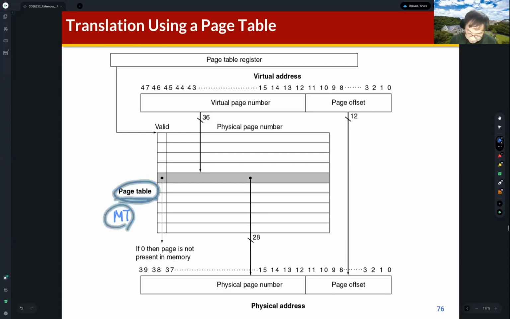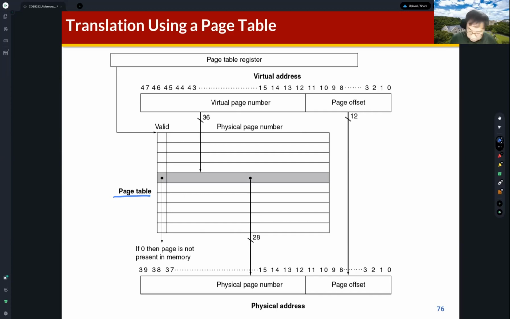So what does that mean? This page table is a software data structure, which means when a process is launched on the computer system, the operating system will allocate this page translation table to the launched process.